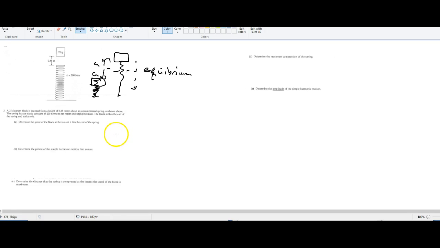So, determine the speed of the block the instant it hits the spring. Well, it's fallen 0.45, so I'm just going to use energy before equals energy after. Energy before is mgh, which equals 1/2 mv squared. That's 2 times 9.8 times the height, 0.45, equals 1/2 times 2 times the velocity squared, which is what I'm solving for.